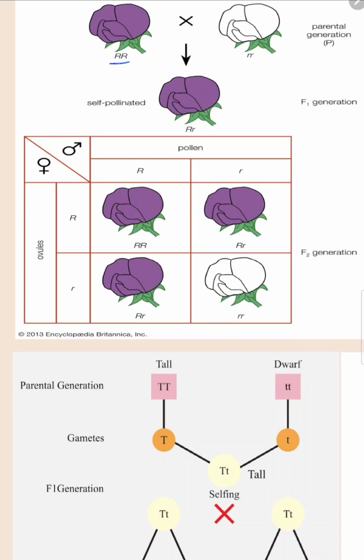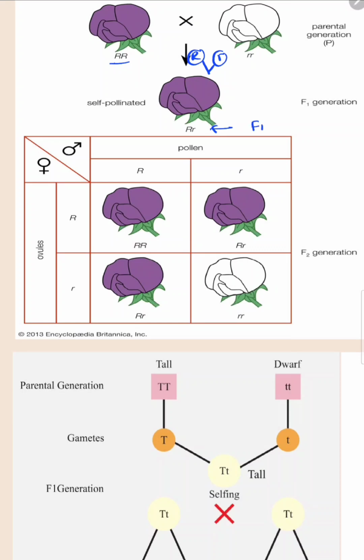So purple color has capital R, and the recessive white color has simple R. By crossing between them, capital R and simple R, you will get capital R, simple R. This is the heterozygous feature, but externally the feature is purple color, the dominant color. This is the F1 generation.